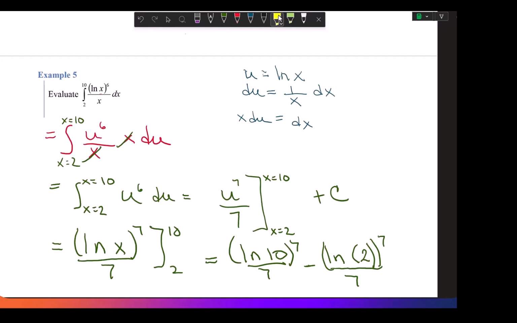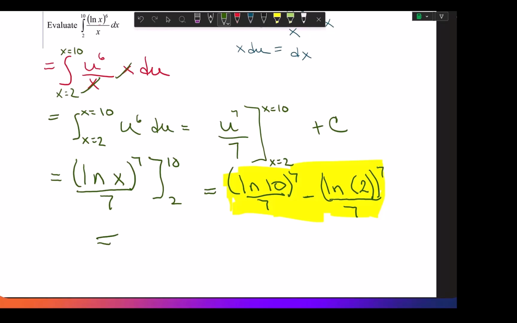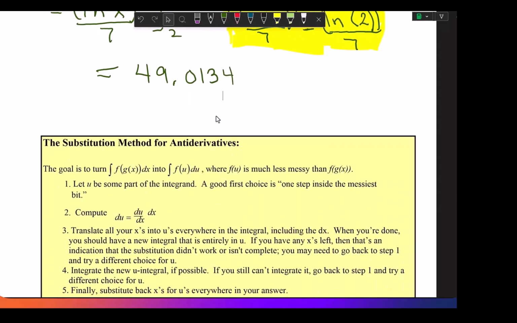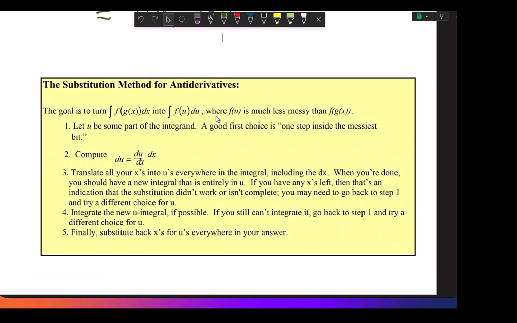And we don't need the plus c anymore. And this is really just a calculator question. I'll put it in my calculator and tell you the answer. This equals 49.01.